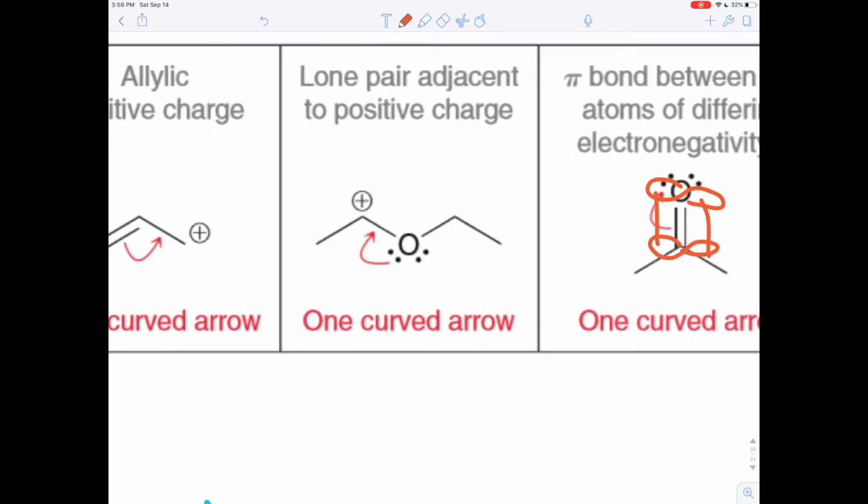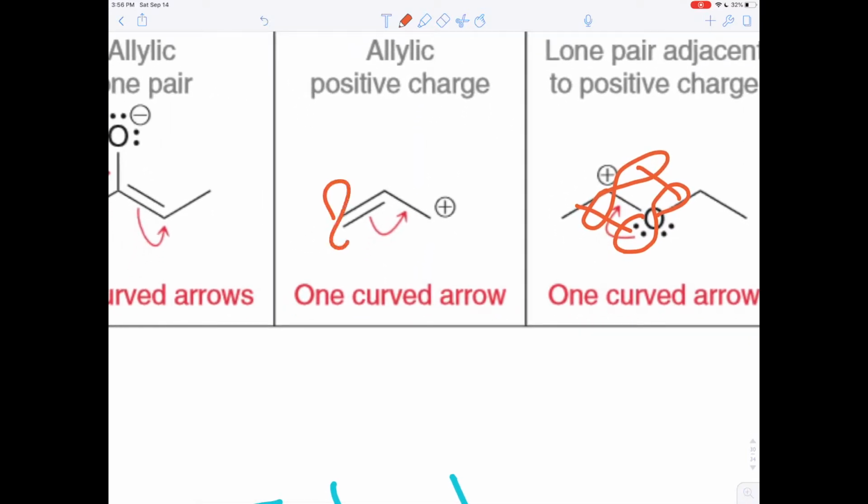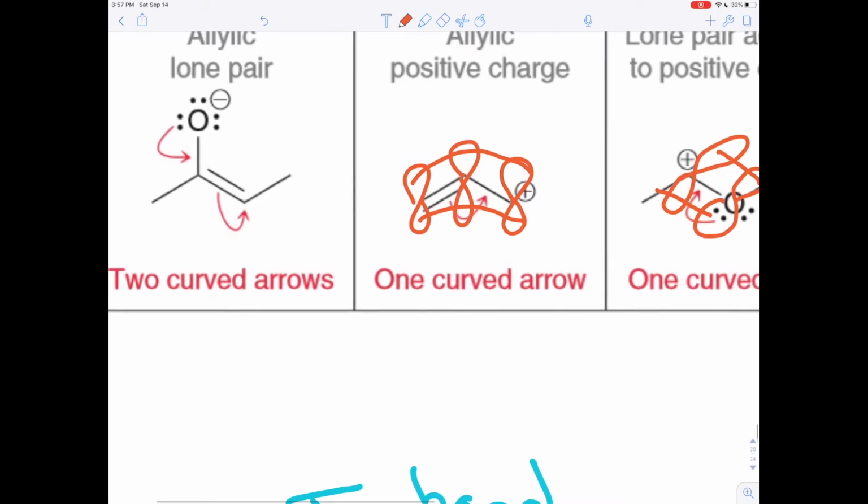Here, you have one of these lone pairs in a p orbital, and this positive charge is an empty p orbital, and that's what allowed the electrons to spread out. To have this pi bond, you'd have these two parallel p orbitals, and this positive charge is an empty p orbital, so the electrons can spread out over all three atoms.